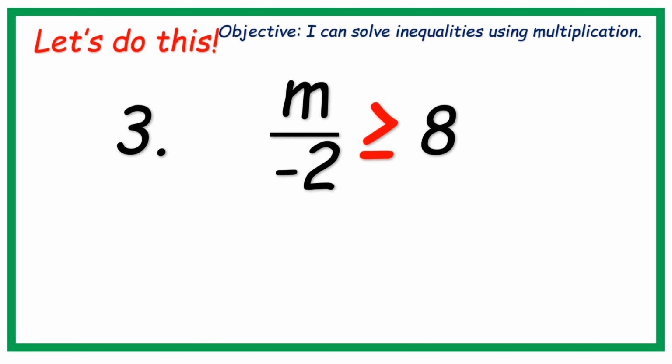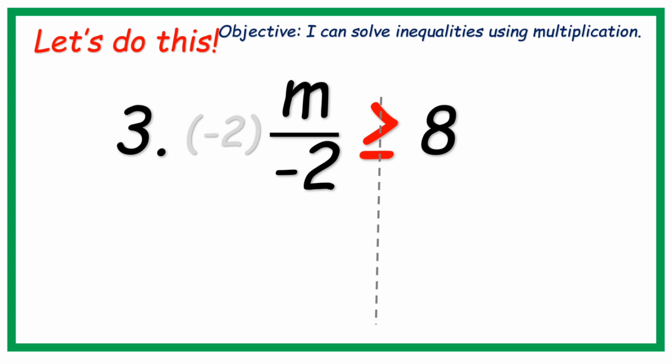Let's have number 3. M divided by -2 is greater than or equal to 8. Okay, let's isolate the variable by using multiplication. When you multiply -2 on the left side of the inequality, do that on the right side.